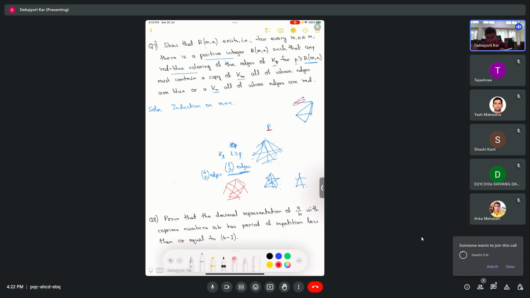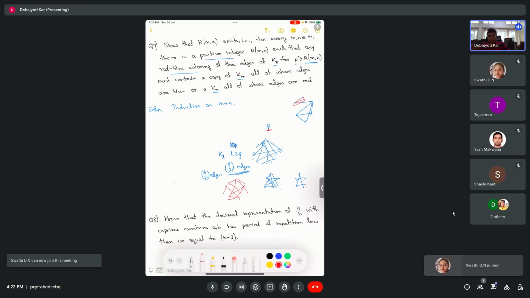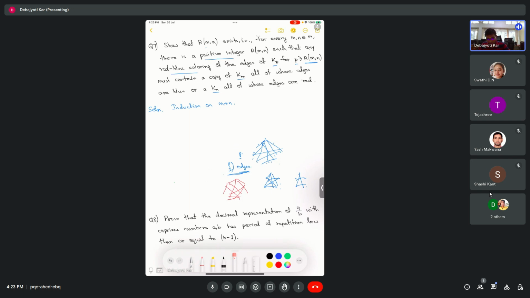We are saying that the Ramsey number R(m,n) is the minimum value of p such that any graph on at least p vertices will satisfy this property. But why should such a p exist? That is what we want to prove, and we are going to prove this by induction on the value of m plus n.